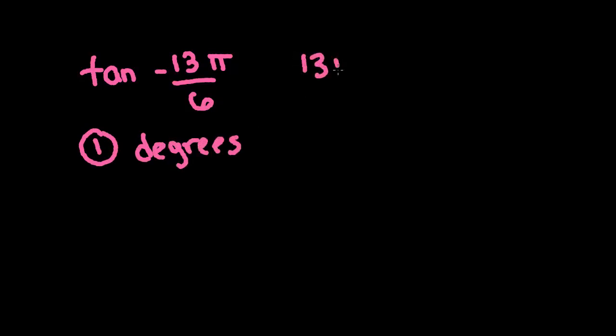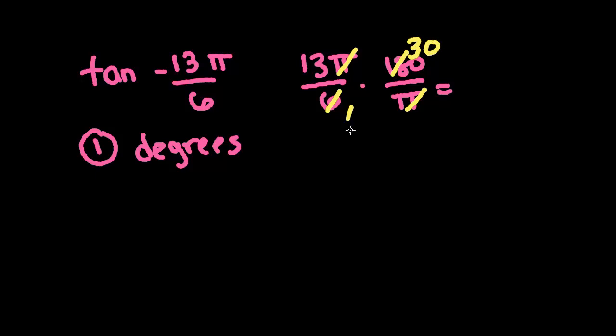So 13 pi over 6 times 180 over pi. Pi's cross off. 6 goes into 6 once, 6 goes into 18 3 times, so this becomes a 30. And I have 13 times 180, which becomes 390 degrees.